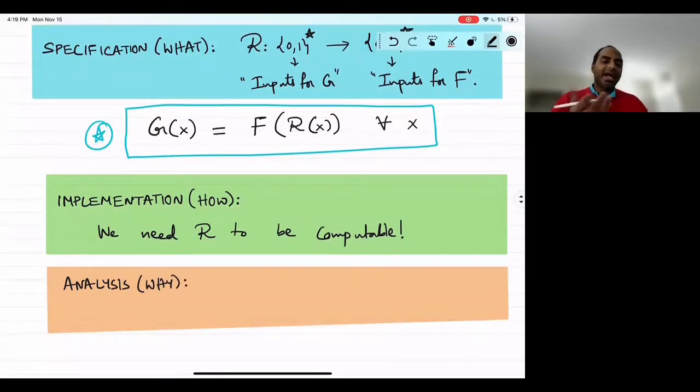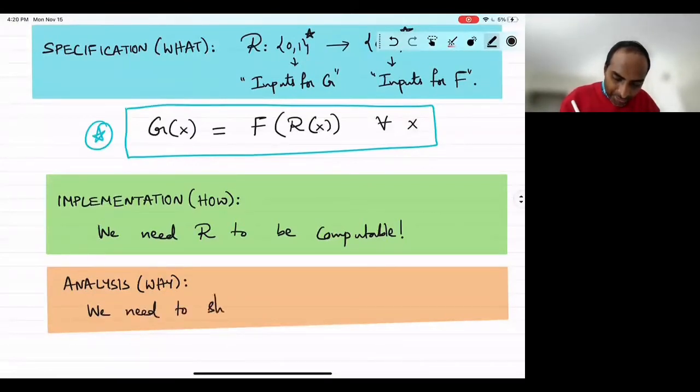I mean, you came up with some reduction, but we need to argue that it actually works. What does it mean for it to work? We need to show that the star property, which is what allows us to compute the function g using f, holds.